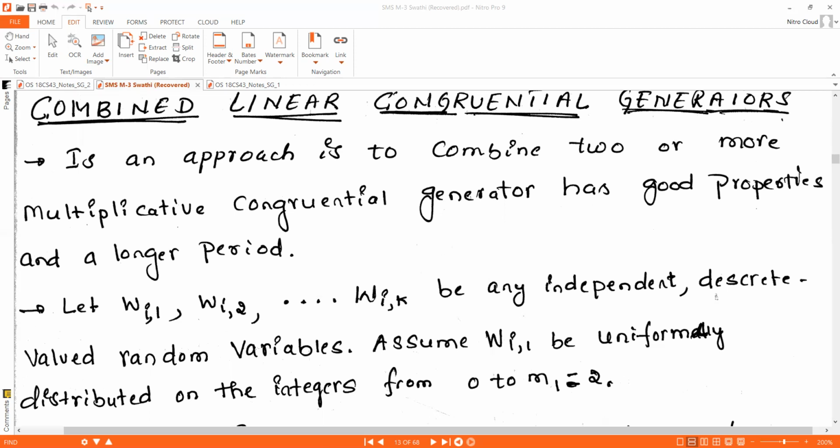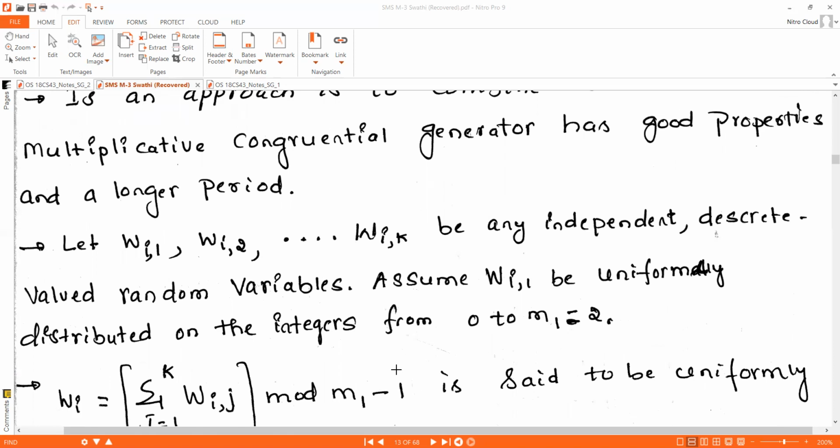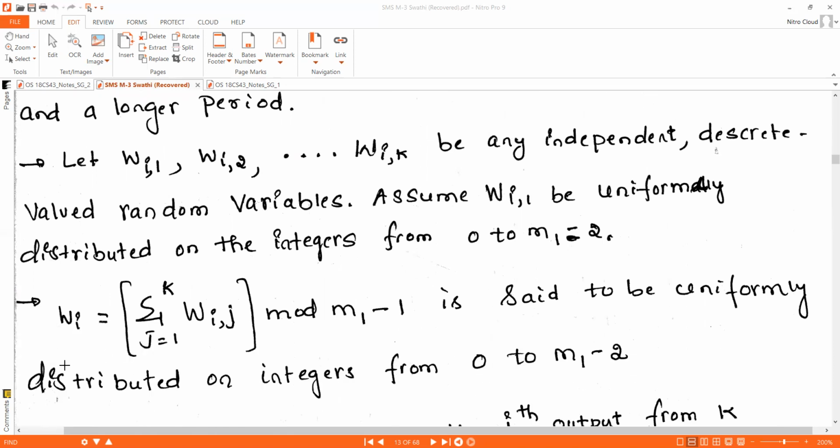Wi is calculated using this formula: the sum from j equal to 1 to k of Wi,j, mod m1 minus 1. That is said to be uniformly distributed on the integers from 0 to m1 minus 2.